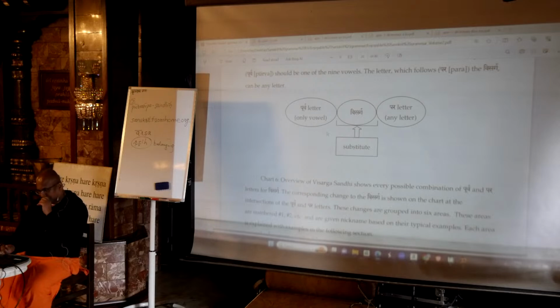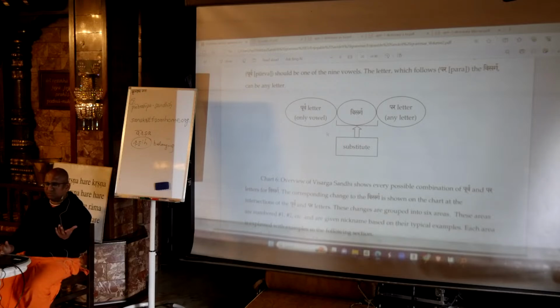Yes, Prabhu, how do you pronounce Visarga when Rikara comes there? You just pronounce a short H after R. Visarga is the short H sound, a short Hakara. So you say Ramaha, Guruhu, Dhenuhu.